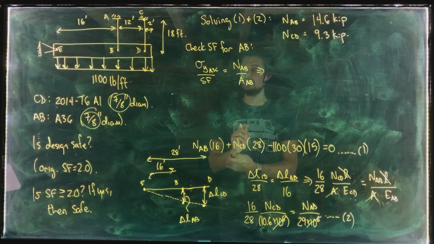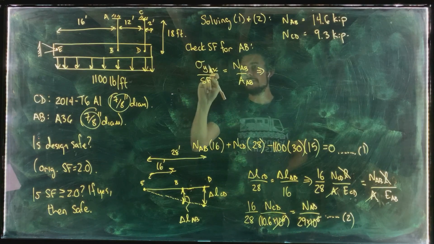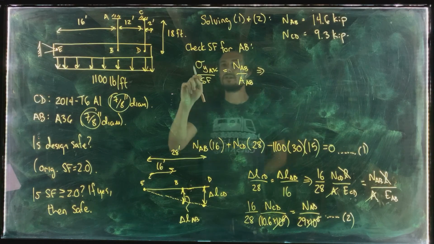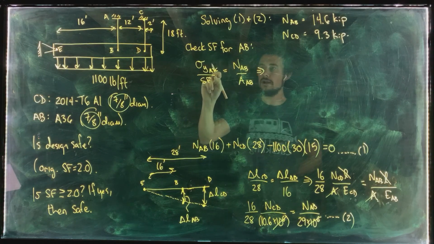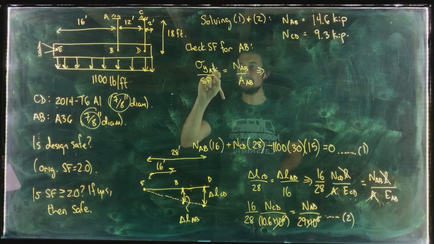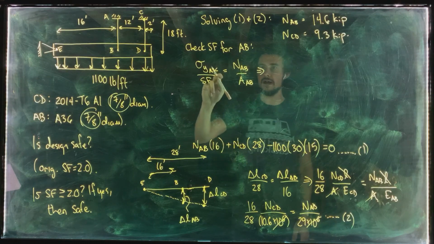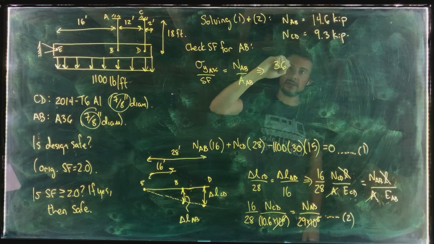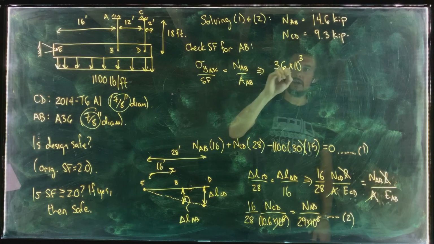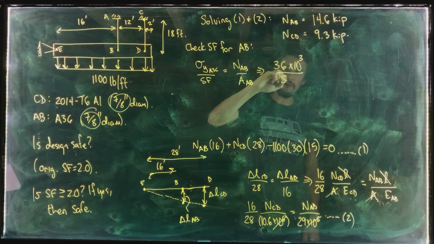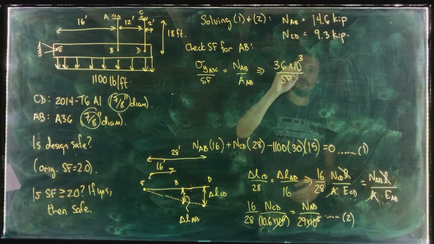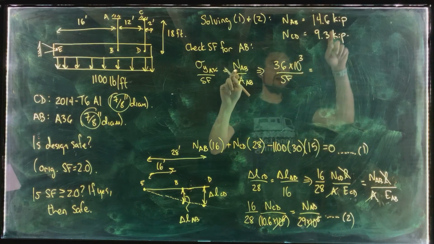The yield strength for A36 steel in US units is always easy to remember, because that's why A36 steel is named the way it is: it has a yield strength of 36 ksi. So we've got 36 times 10 to the 3, divided by the safety factor, which is what we're looking for, equals N_AB.